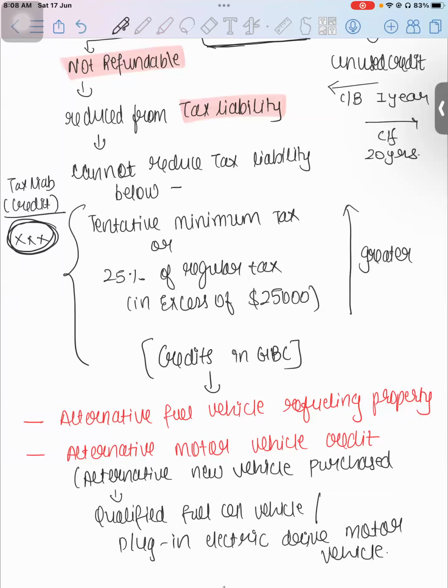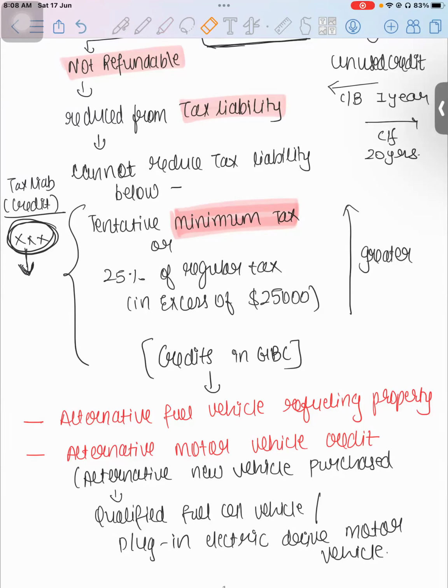This amount which you are getting cannot be less than two things. First is the tentative minimum tax. Just like in India, we have AMT, right? Over there also we have AMT, alternate minimum tax. That's a tentative tax which you have to pay on your income. Okay, so for tentative minimum tax, there is a totally different chapter for this topic. We'll learn it, how much is the percentage and everything.